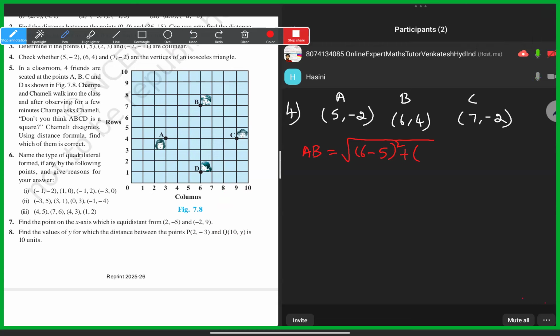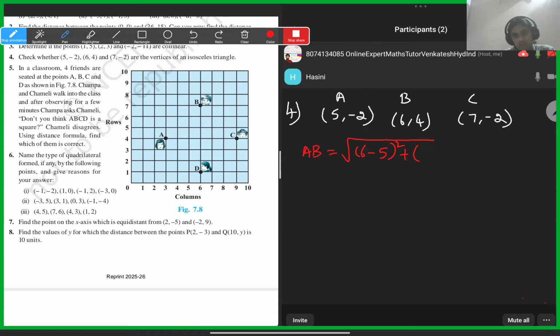Here a plus will come because in the formula y2 minus y1 has a minus, and y1 itself has a minus sign, so both minuses become plus.